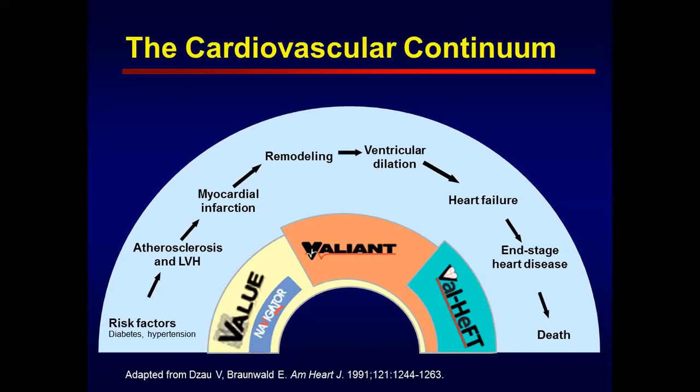Once necrosis happens, it will heal by fibrosis. And fibrotic tissue yields under pressure. So you'll find that the geometry of the left ventricle will be disturbed. This process is what's called remodeling. By stress on the vessel wall and on the ventricular wall, as the diameter goes up, the stress on the wall goes up and dilatation happens. Once the ventricle is dilated, heart failure starts to occur, and then end-stage heart disease and death.